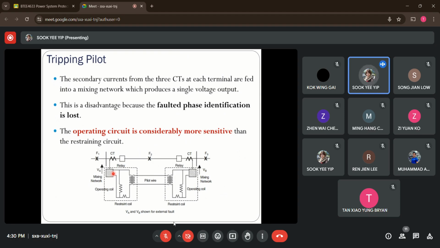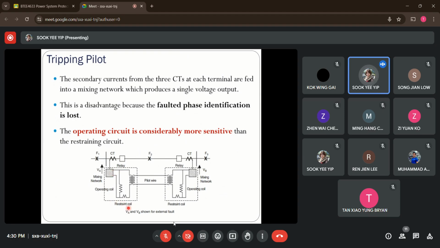All right, seeing as the measured three-phase current has been converted into a single-phase output voltage, it has this problem whereby the phase identification is actually lost. So right now, the relay will be fitted with a restraining coil.